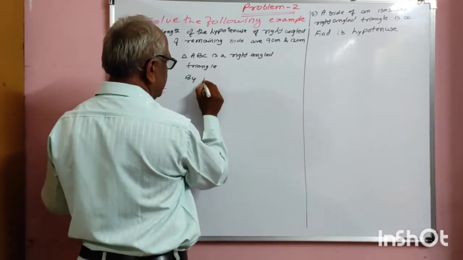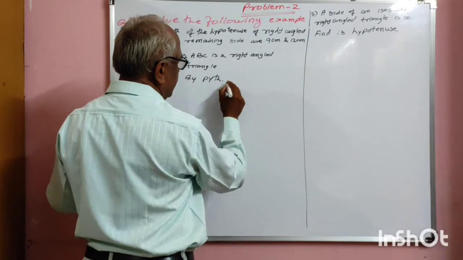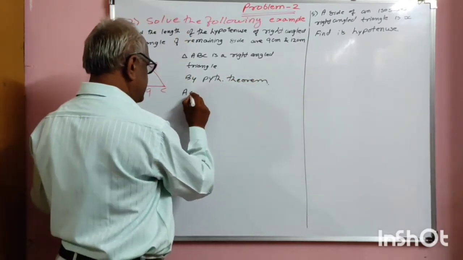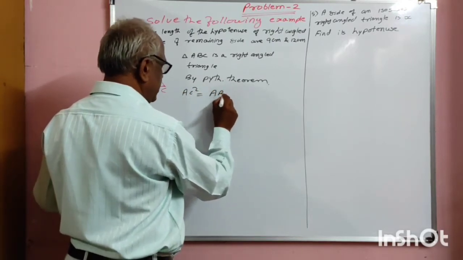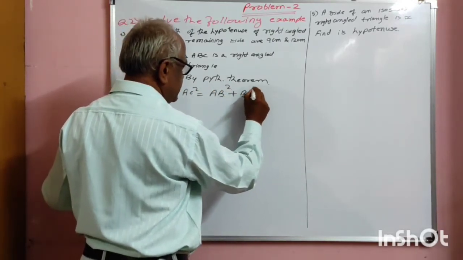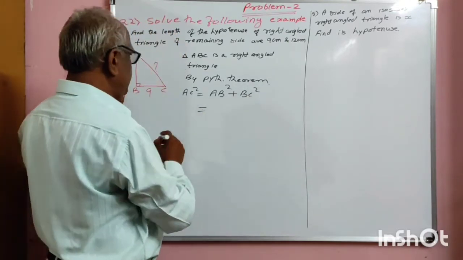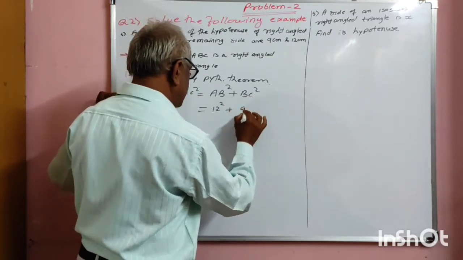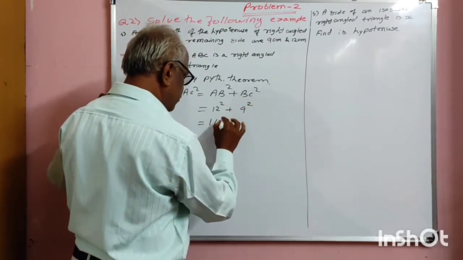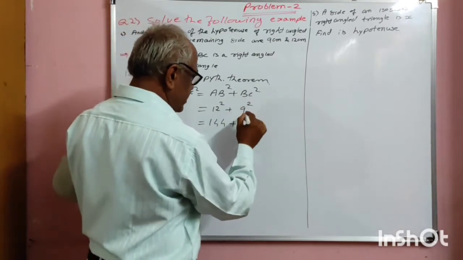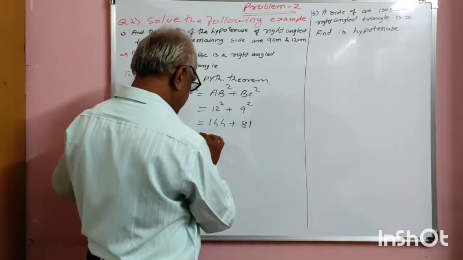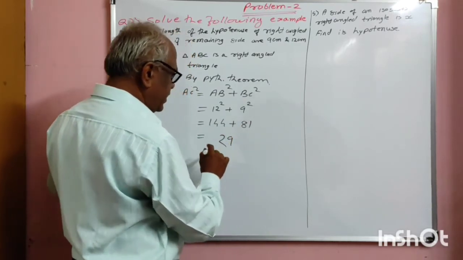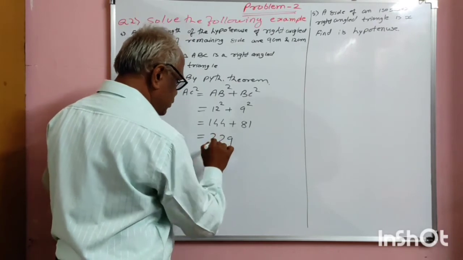Therefore, by Pythagoras theorem, AC square is equal to AB square plus BC square, which is equal to AB is 12 square plus BC is 9 square. 12 square is 144 plus 81, which is equal to, 4 and 1 is 5.